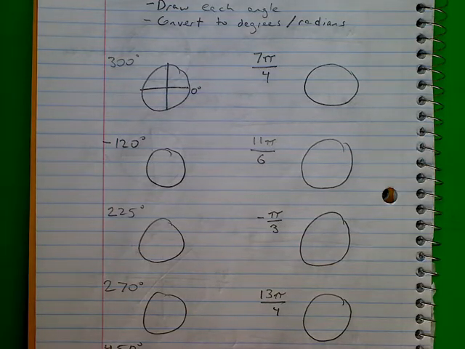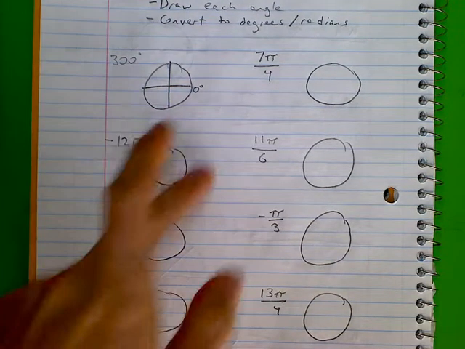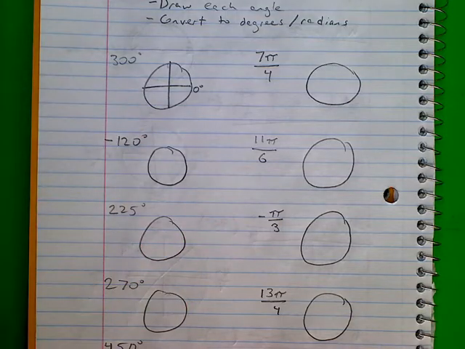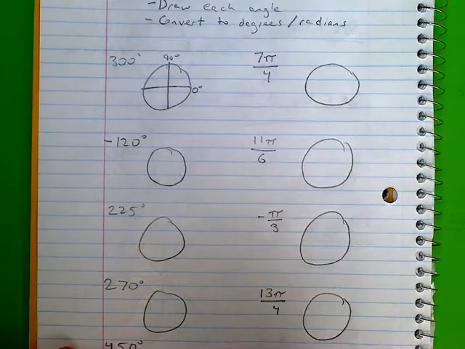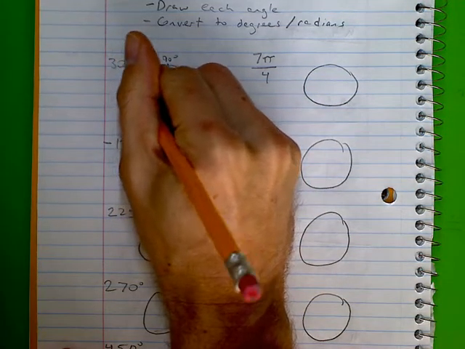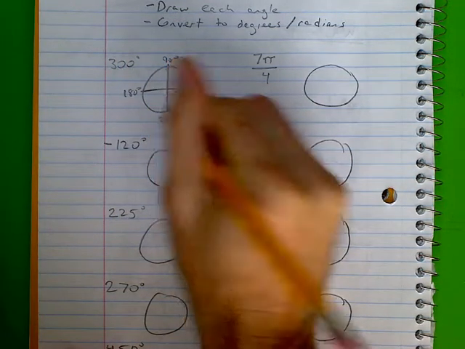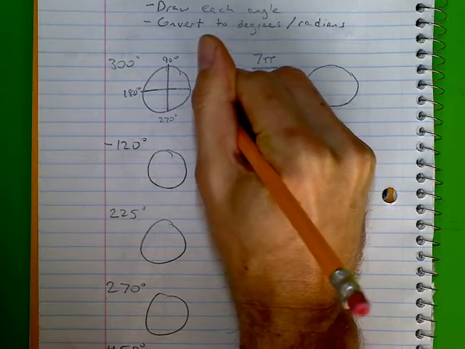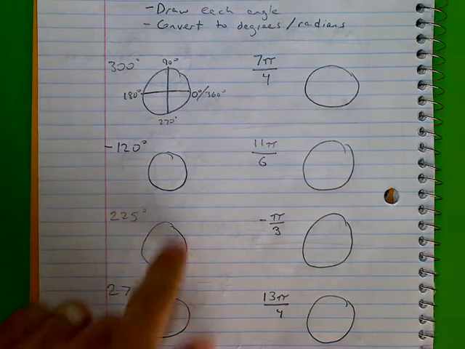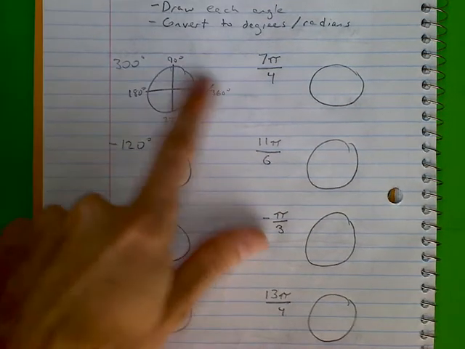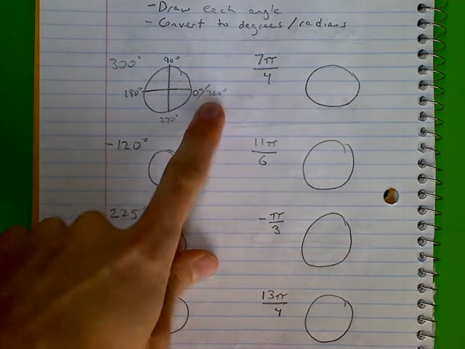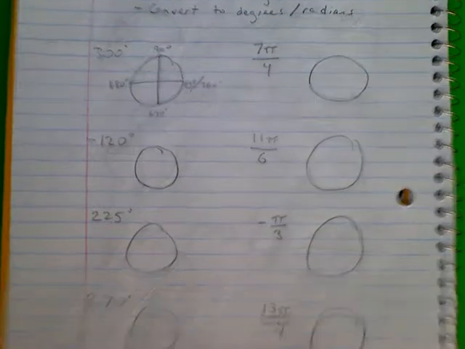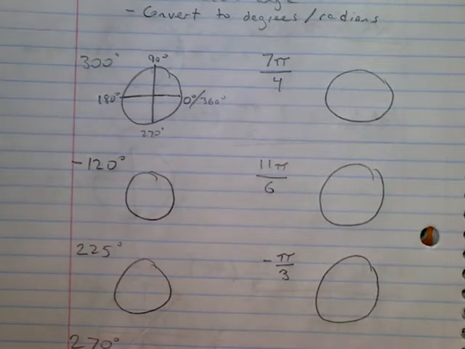That's the question. And really, for degrees, because you're already pretty good at working with these types of numbers, if you're not sure, it might help to go ahead and write down these marks over here. Okay. So I've got my axis marks on there. So I know it's between 270 and 360, right? So how far away from 270 is it?